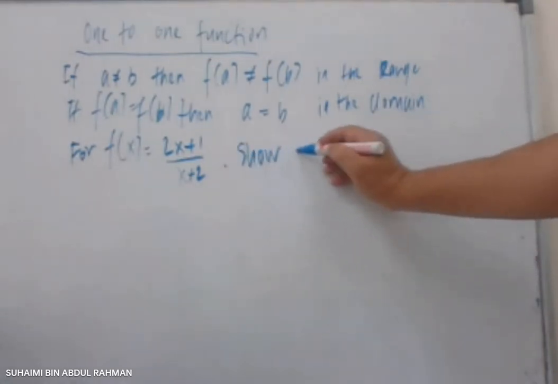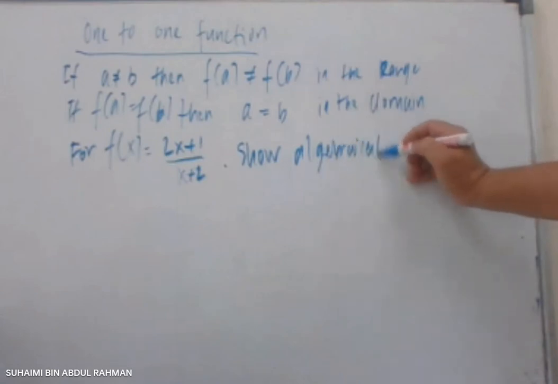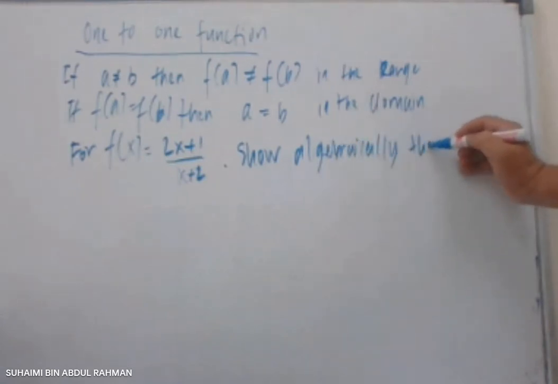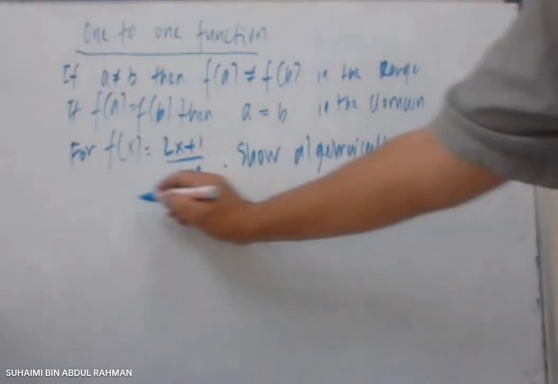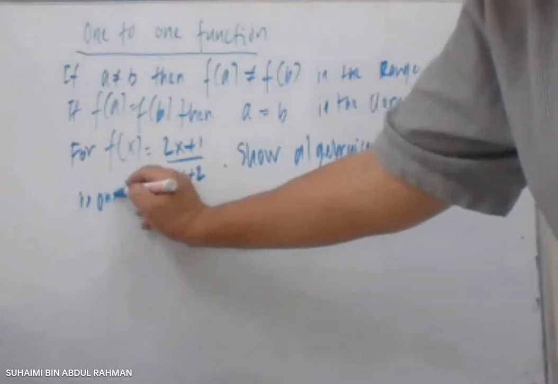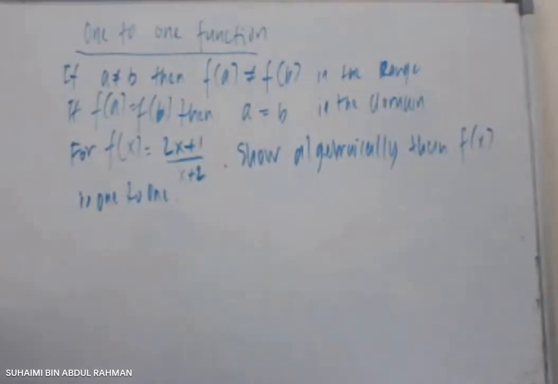Show algebraically that the function f(x) is one-to-one. So we have to show whether this function is a one-to-one function.